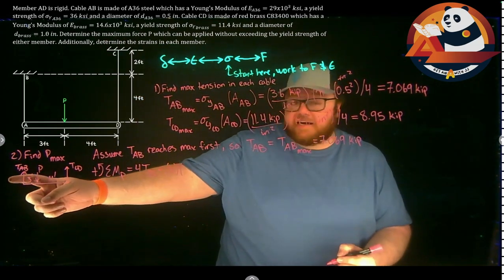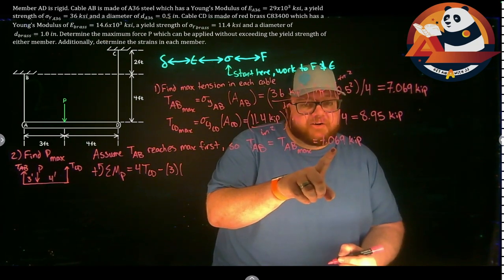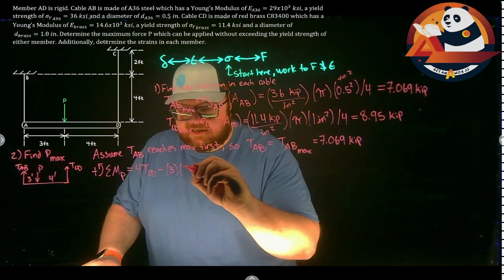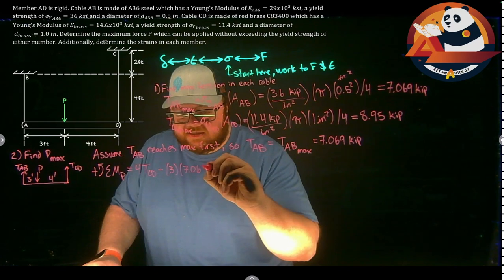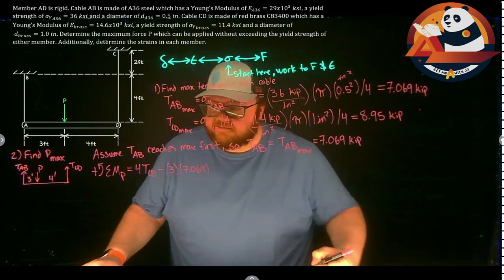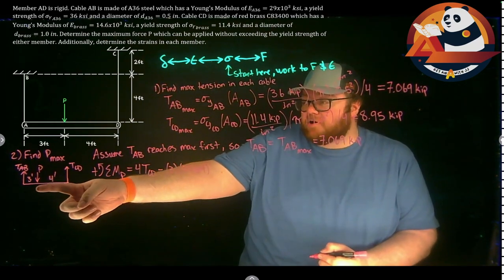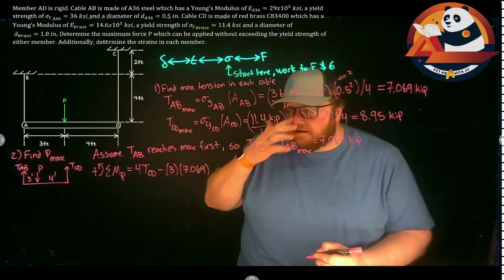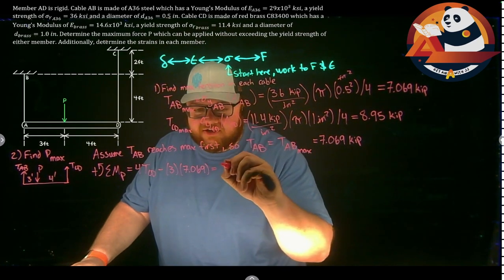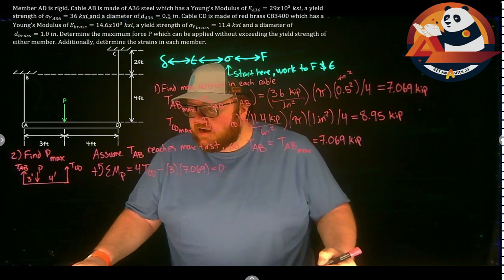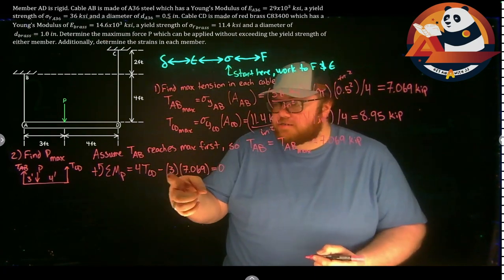We assume TAB hit its max, so we're going to use 7.069 times 7.069. And that's it. If I'm summing moments at P, nothing else shows up in here, I can set this equal to 0.